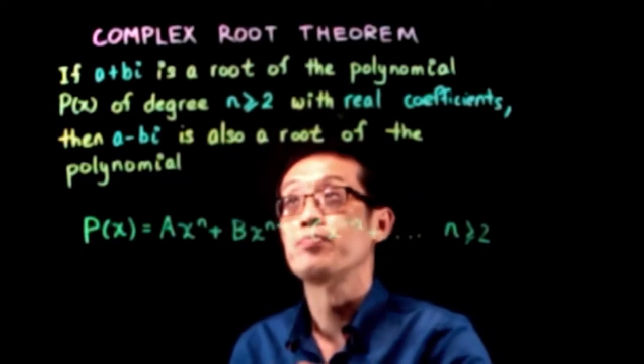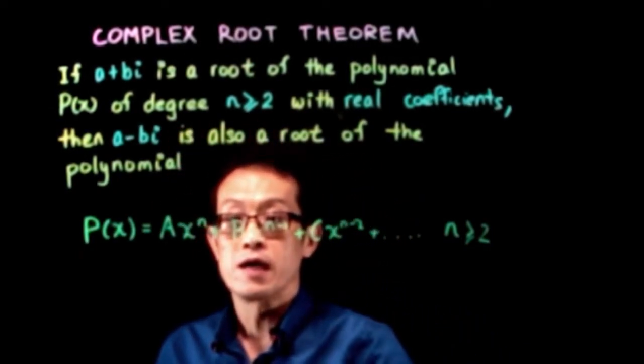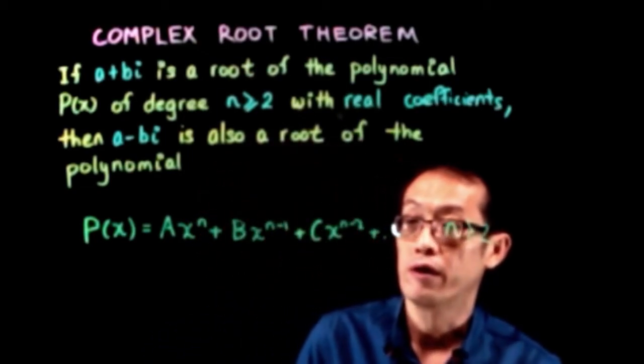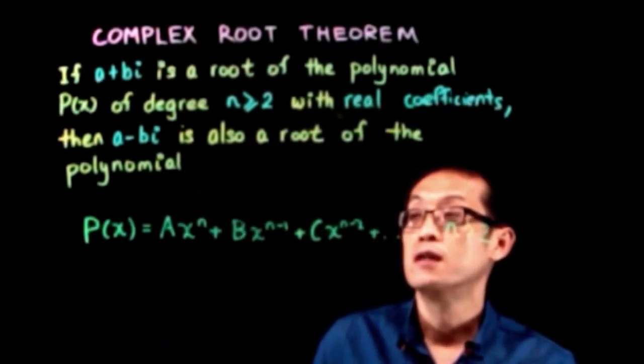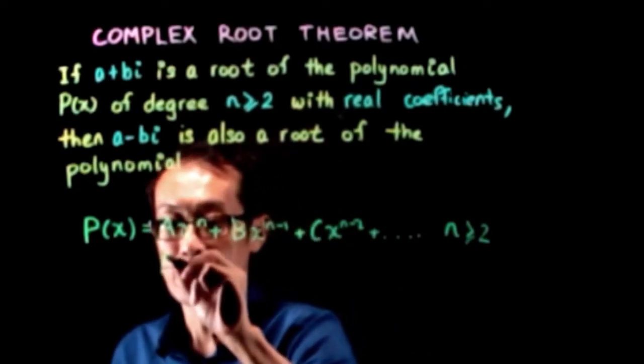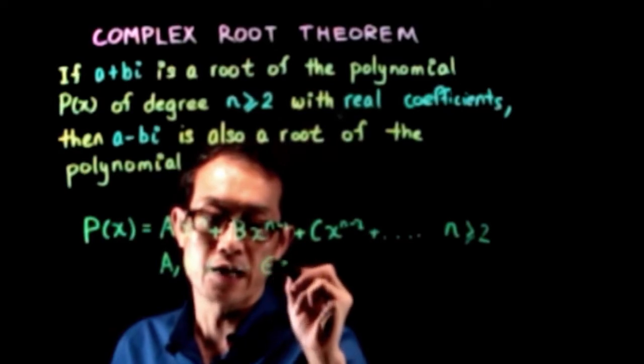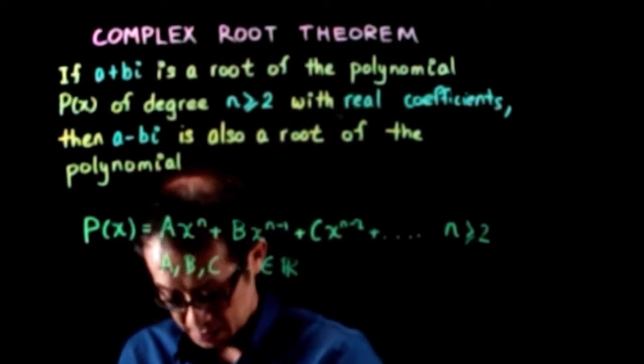Now a, b, c, the coefficients must be real numbers. So a, b, c and so on is a set of real numbers.